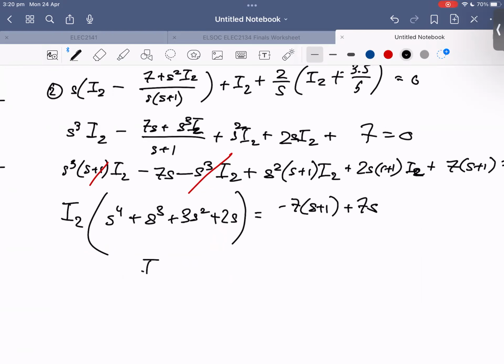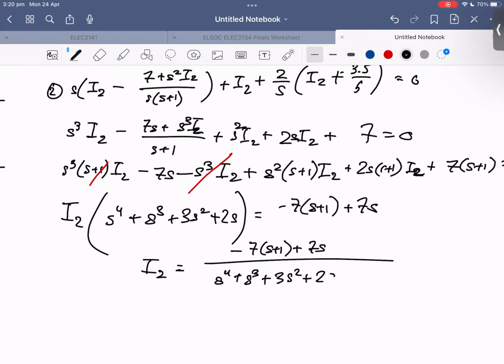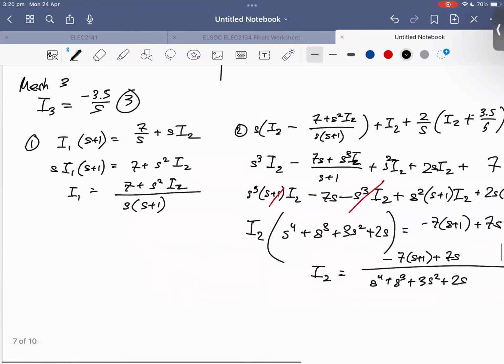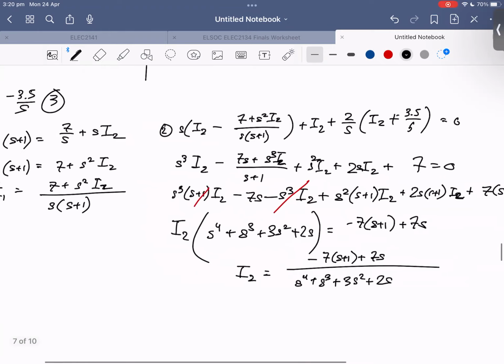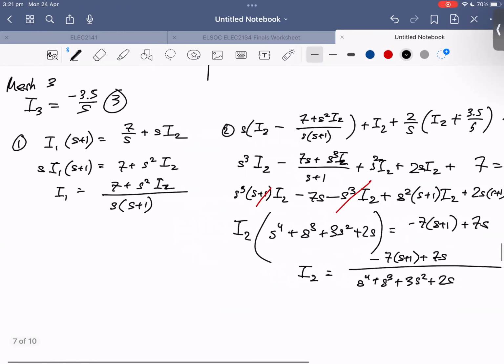I have I2 equals S4 plus S cubed plus 3S squared plus 2S. Yeah. I think I've done something wrong. That's not what I remember it was. Yeah, that's fine.